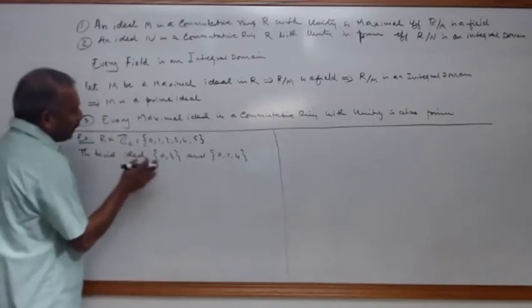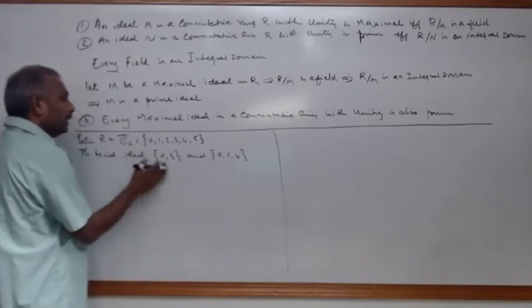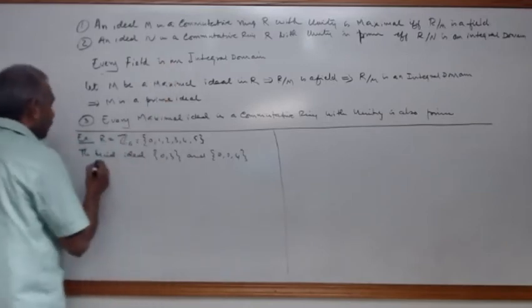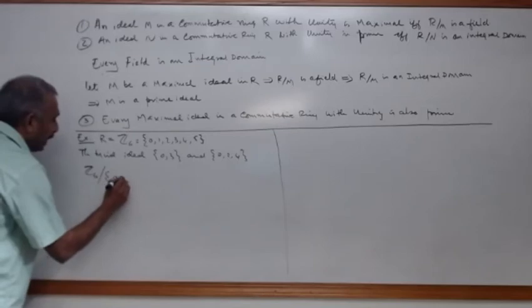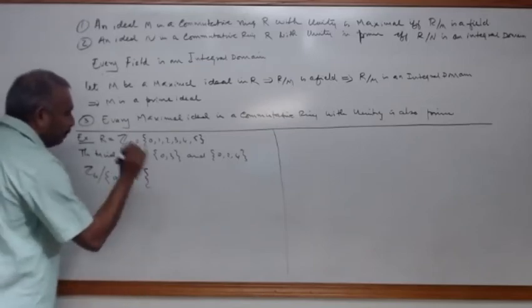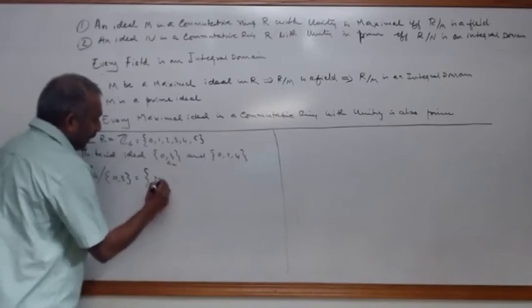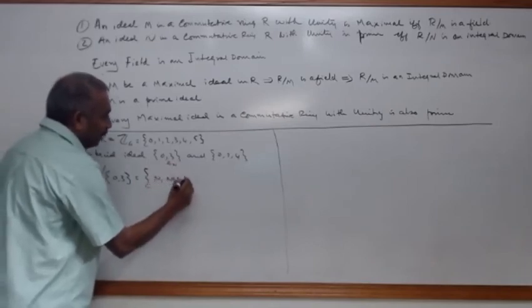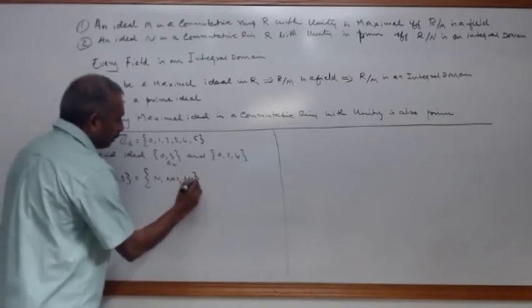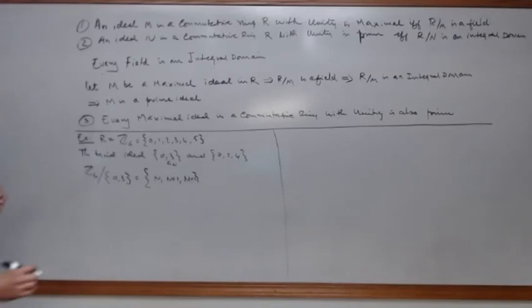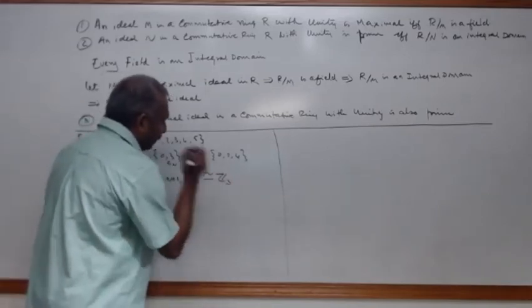How do you make sure that this is a maximal or prime ideal? We'll take the quotient. Z6 over {0, 3}, if you take this as n, consists of the cosets n, n plus 1, n plus 2. This is isomorphic to Z3.